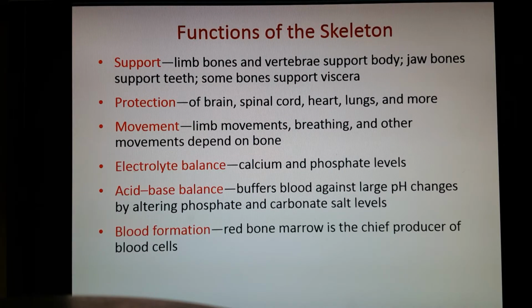Your skeleton also works with the acid-base balance in the body, so maintaining the body's pH. By adjusting the phosphate and carbonate salt levels, bones help to adjust the pH in the body. And then lastly, on the inside of bones, you have red bone marrow, and your red bone marrow produces your blood cells. So your white blood cells and your red blood cells, as well as your platelets.